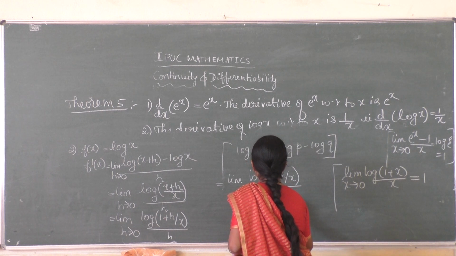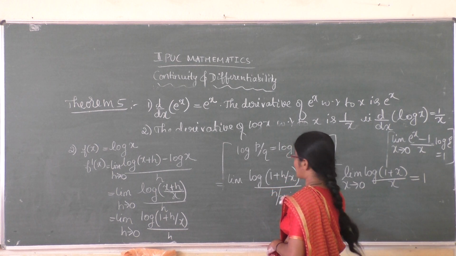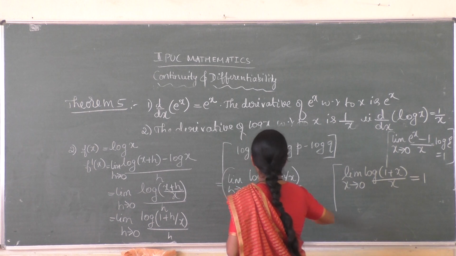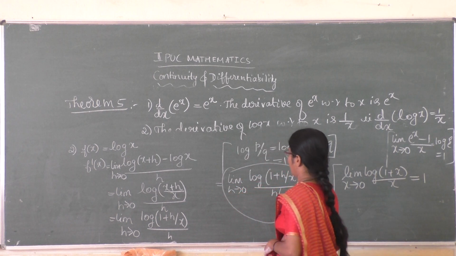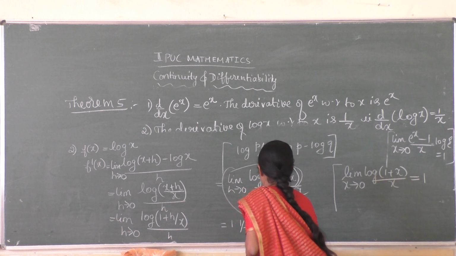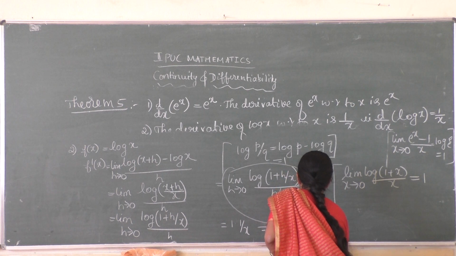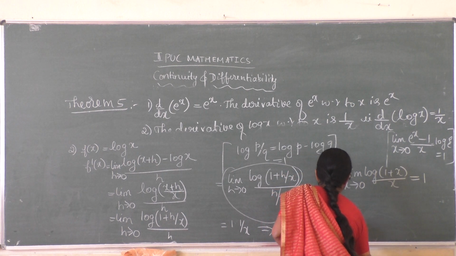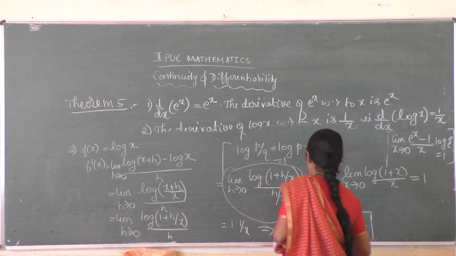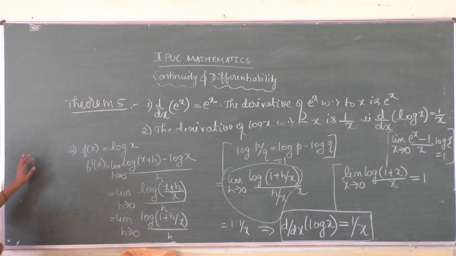So in the denominator also we need h by x, and if you divide here by x, you have to multiply by 1 by x as h tends to 0. So this is equal to 1 into 1 by x. That implies derivative of log x with respect to x is equal to 1 by x.